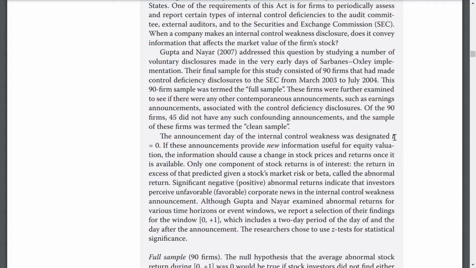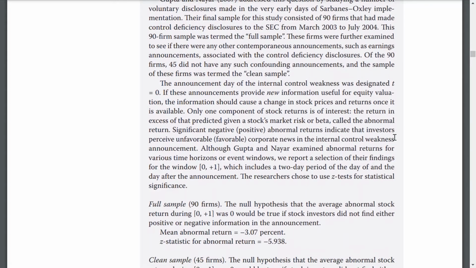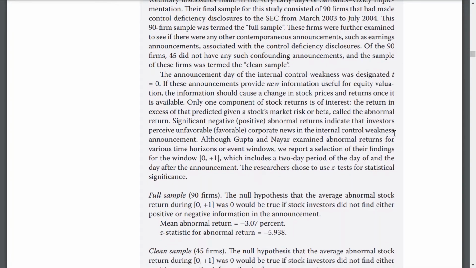The announcement day of the internal control weakness was designated t equals 0. If the announcement provides new information useful for valuation, the information should cause the stock price to have a return that exceeds the prediction given the stock market return or beta.